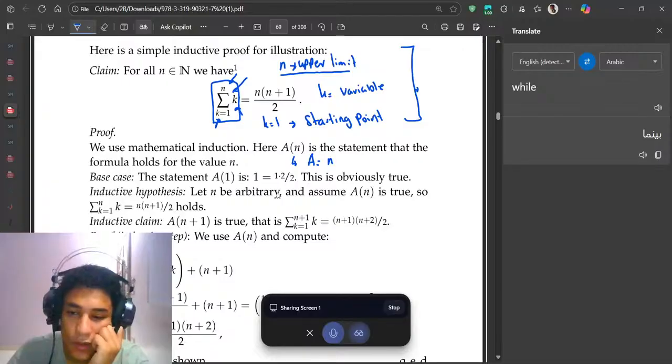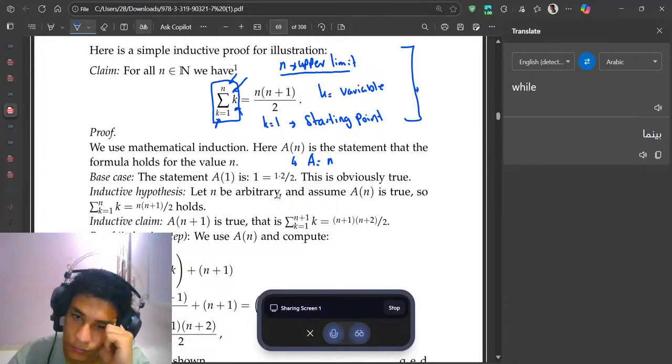Okay, so here it says base case. The statement A_1 is 1 multiplied by 2 over 2. This is obviously true. Inductive hypothesis: let n be arbitrary and assume A_n is true. So the summation with n at the top and k equals 1 at the bottom of k equals n open brackets n plus 1 over 2.